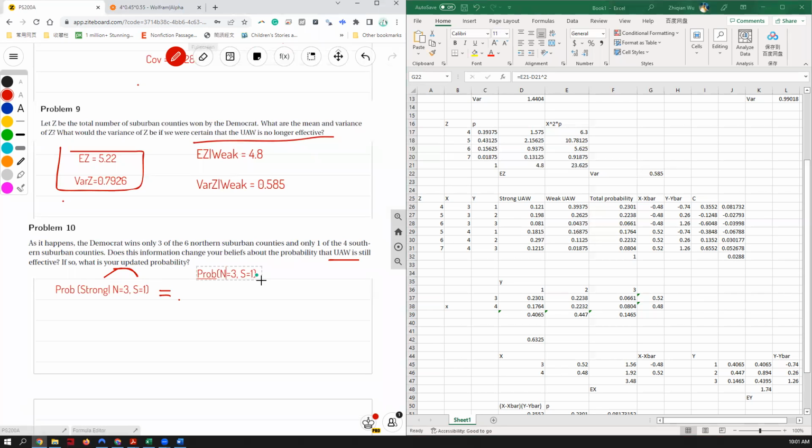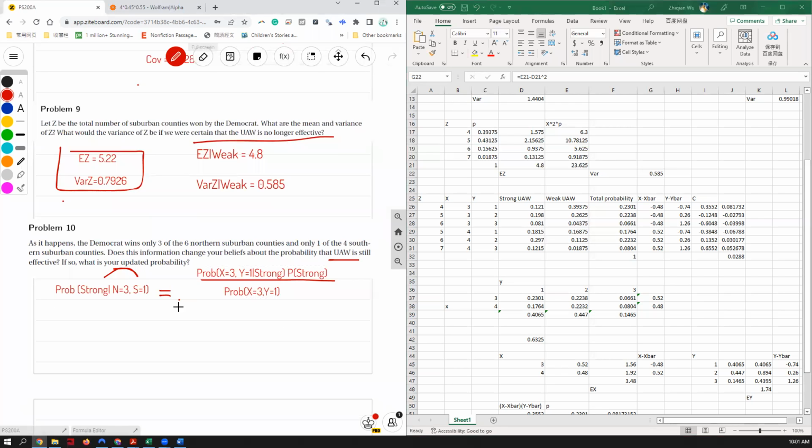I really should use X, Y, because that's what we used earlier. So X is north, Y is south. Given that we are in the strong world, multiplied by the probability of being in the strong world, and then divided by the unconditional probability of X equals 3 and Y equals 1. So just Bayes' law, nothing too complicated.